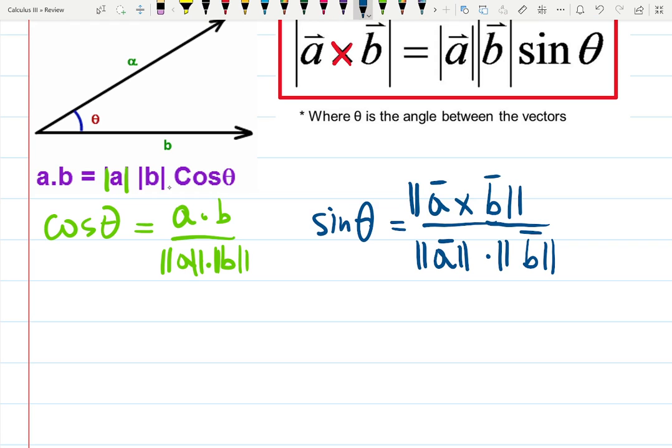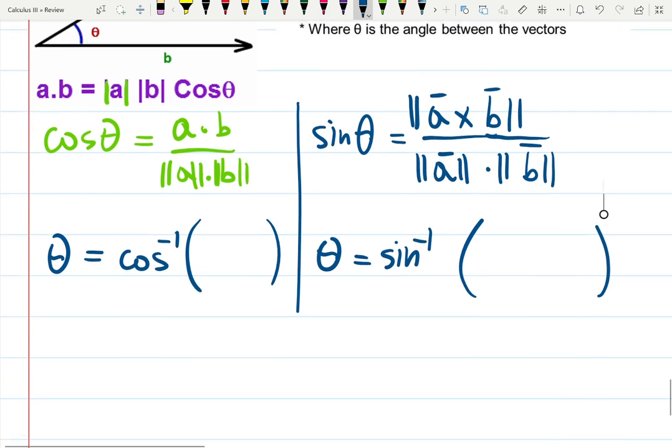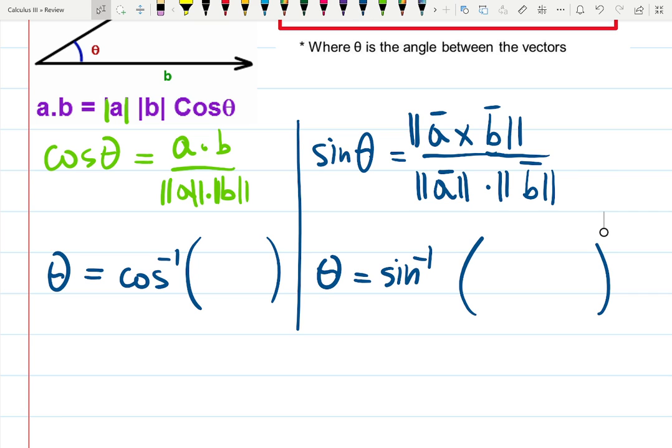How do you solve for theta? You need to use inverse functions here. So theta will be arc cosine or cosine minus 1 of the whole piece. Or theta will be arc sine or sine minus 1 of the whole piece on the right hand side. Well, which one do you prefer to do? The cross product or the dot product?